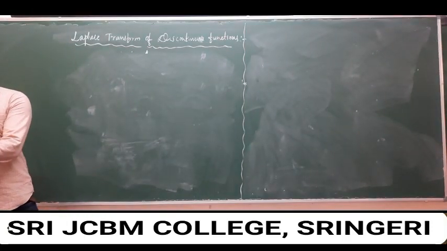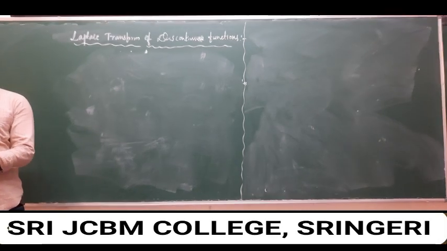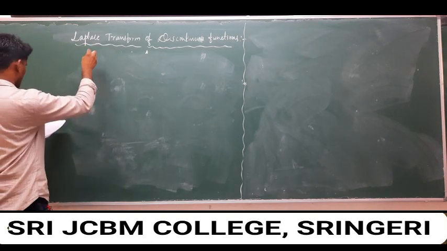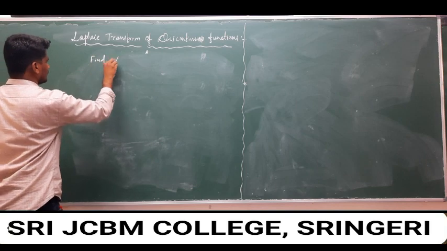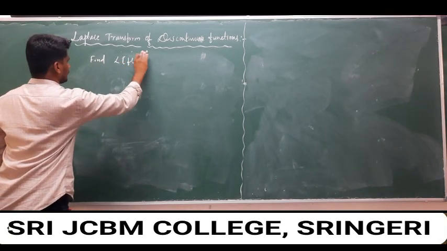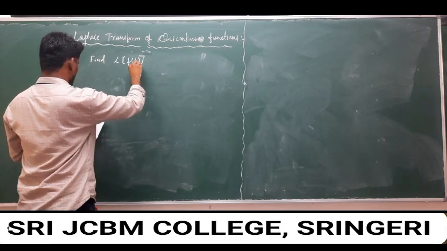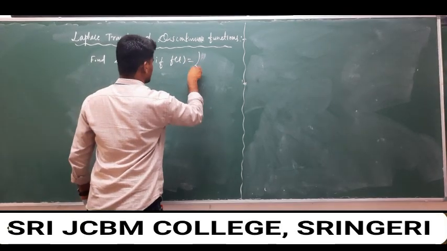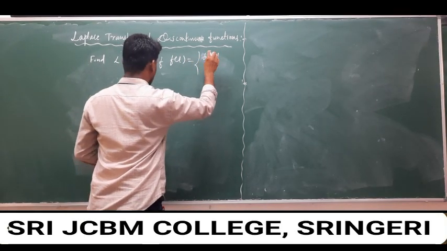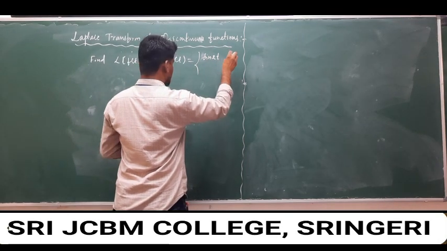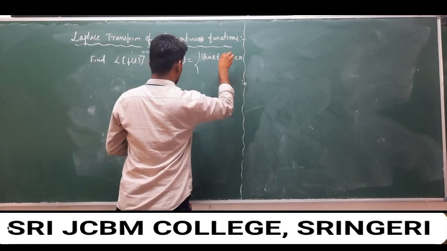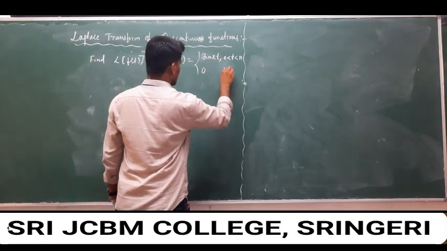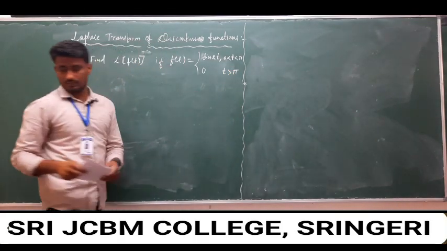So another example is: find the Laplace transform of f of t, if f of t is equal to sin t when t lies between 0 and pi, and f of t is equal to 0 when t is greater than pi.